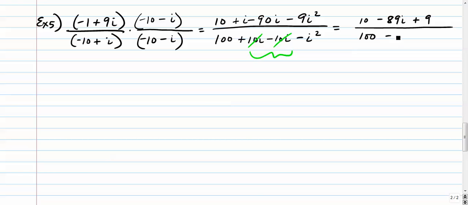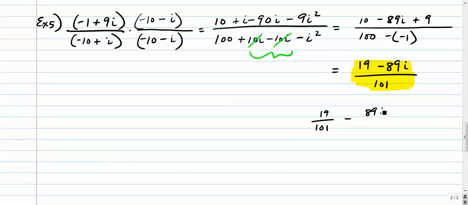It's just minus negative 1. All right. Again, simplify 10 plus 9 in the numerator is 19 minus 89i over 101. And that can't simplify anymore, so we're going to leave it like that. Again, some teachers might require you to write it as the difference of two separate fractions, which is the same thing.